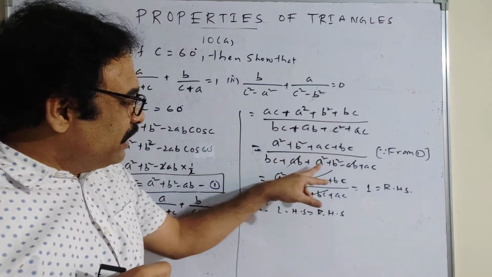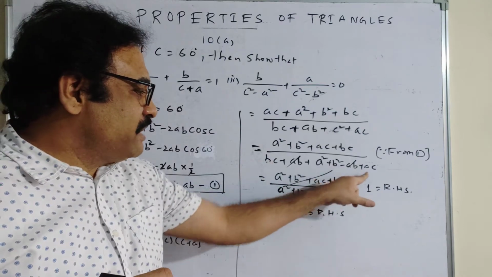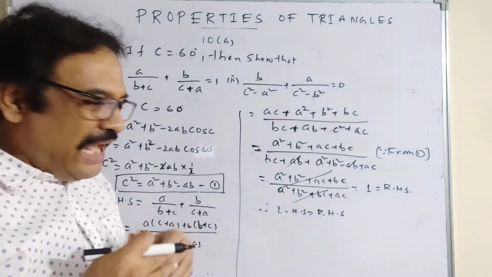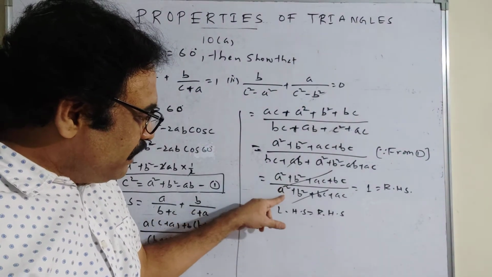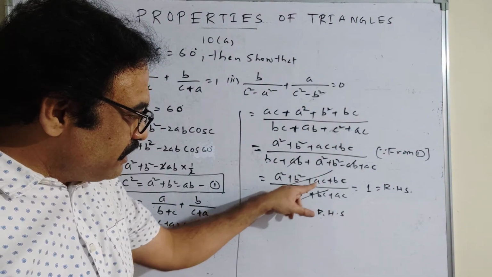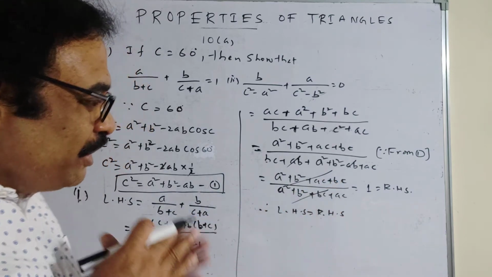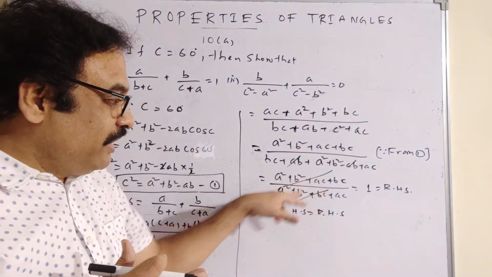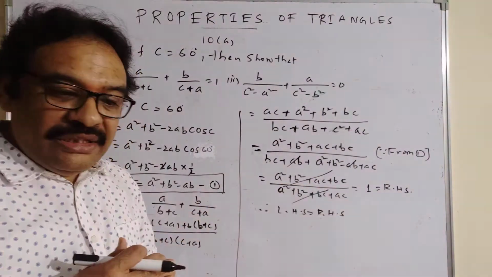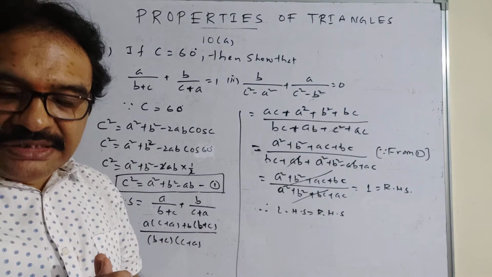Then in the denominator, a square plus b square in the first position, plus bc plus ac in the second position. As I observe the numerator and denominator, a square is same, b square is same, ac is there, bc is there. Both the numerator and denominator are absolutely equal. Therefore it can be cancelled, and what I am getting is 1. I hope that you understood the scenario.